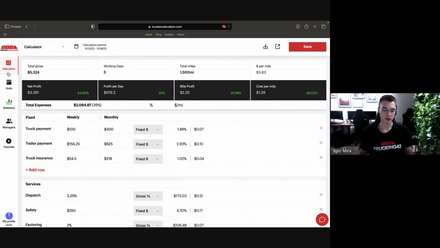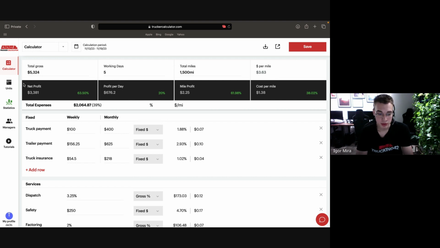Speaking of the features we have right now, the only feature you can use without registration is the calculator, but it is a very powerful tool itself. You don't need to waste your time creating Google Sheets, especially if you don't know how to build those formulas.